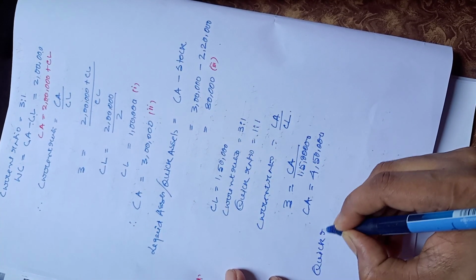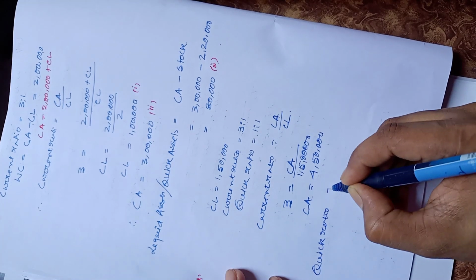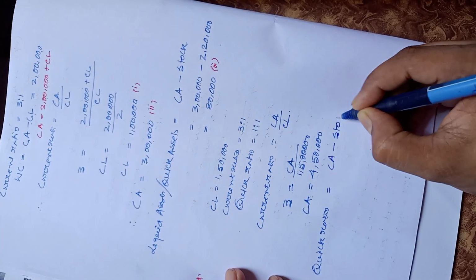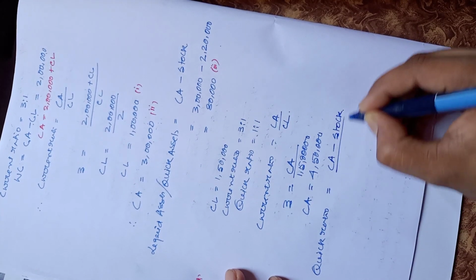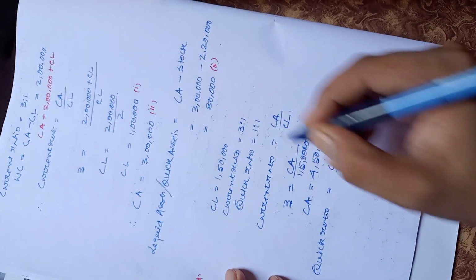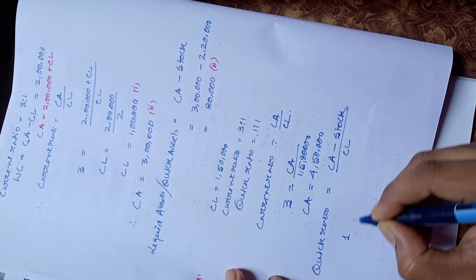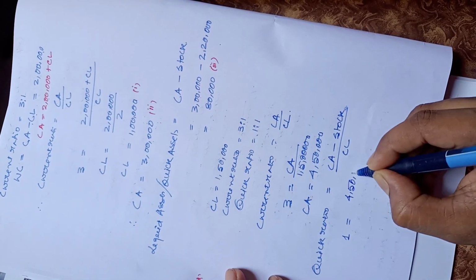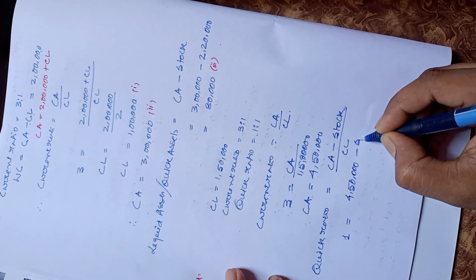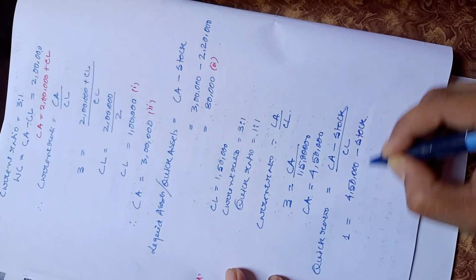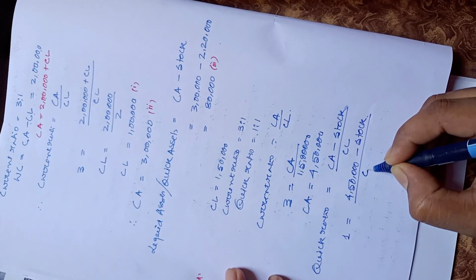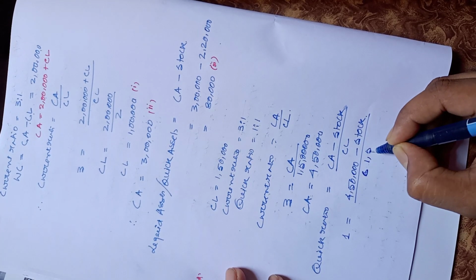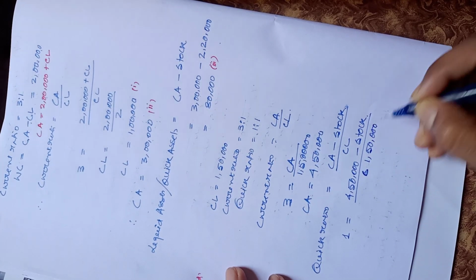Now we apply the quick ratio formula. Quick ratio or acid test ratio is the same. The formula will be current assets minus stock divided by current liabilities. Now we know the quick ratio is 1 is to 1, that means we can write it as 1. We know the current assets, that is 4,50,000. Stock value we don't know, I have to find out the value of stock. The current liabilities value is 1,50,000.